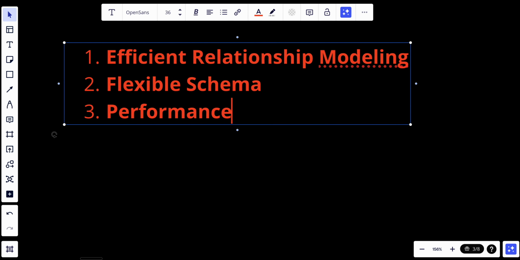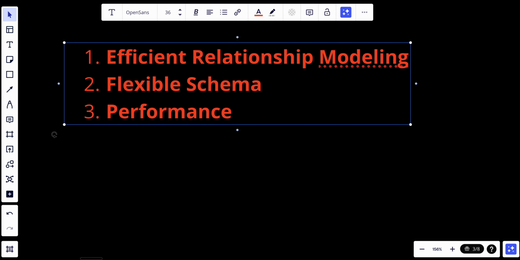For querying that involves traversing relationships or finding the shortest path between nodes, graph databases offer excellent performance. They are optimized for these types of operations, which are often slow and inefficient in other databases.